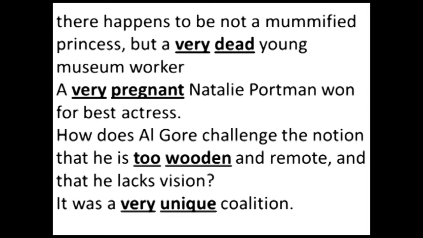Even wooden, which sounded terrible with very, is taking the word too, here: too wooden and remote. Granted, in this case, it's a metaphor. This would probably not happen if they were using the word wooden literally. Nevertheless, very unique. Okay, this is one that tends to bother people who know the rule, that the meaning of unique means there's nothing else like it in the world. So they say that you can't grade unique.